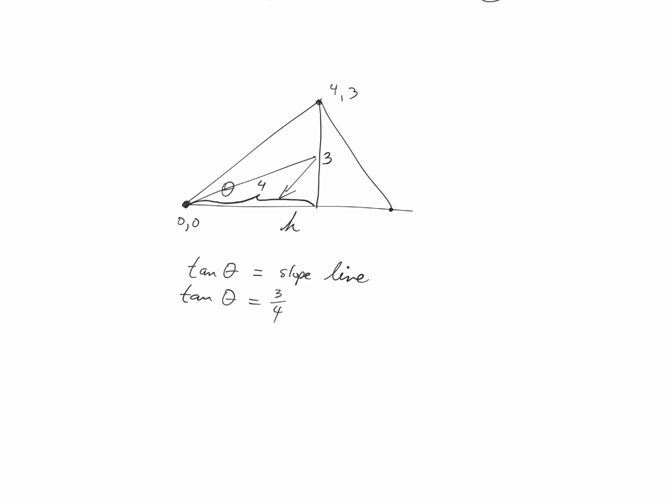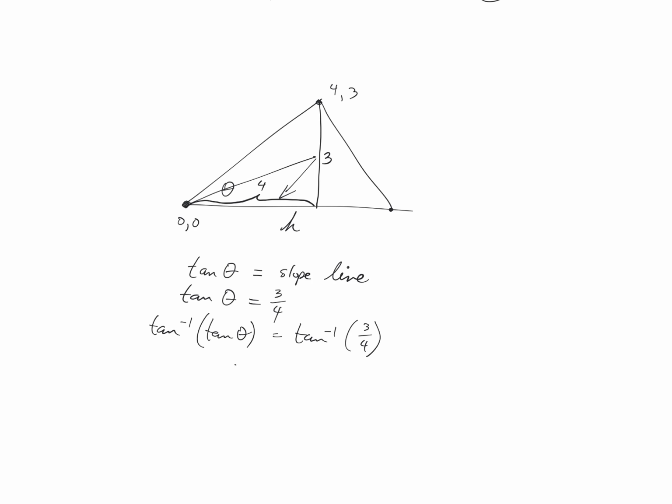Now we just need to do the inverse tangent function to both sides. Tan to the minus 1 of tan theta equals tan to the minus 1 of 3/4.